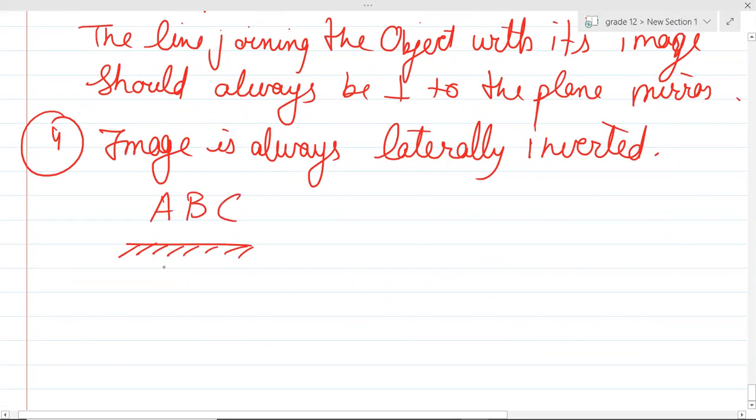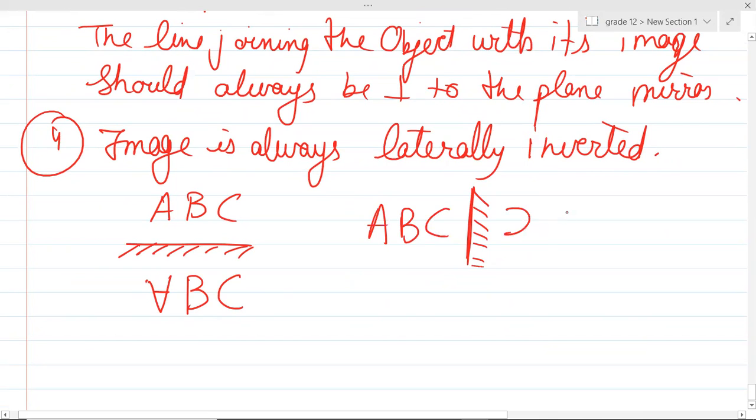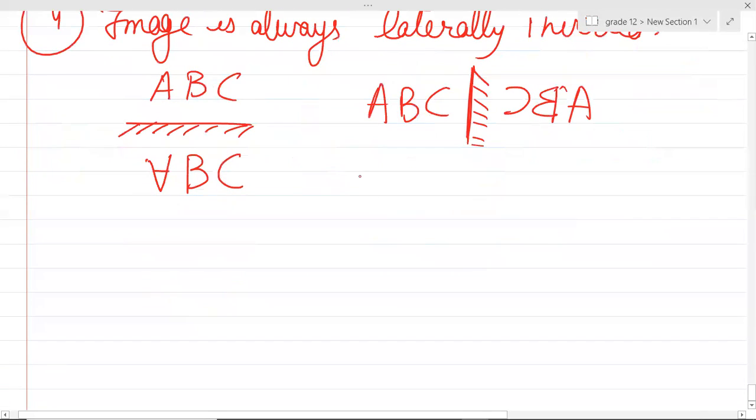Suppose this is A, B, C. So in the mirror, the image will look like reversed. If I write A, B, C over here, then this will become C, B, and A, right? Yes or no, guys? The image is always laterally inverted, sidewards inversion.